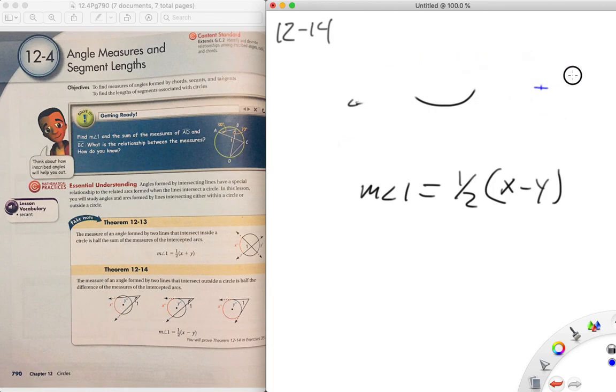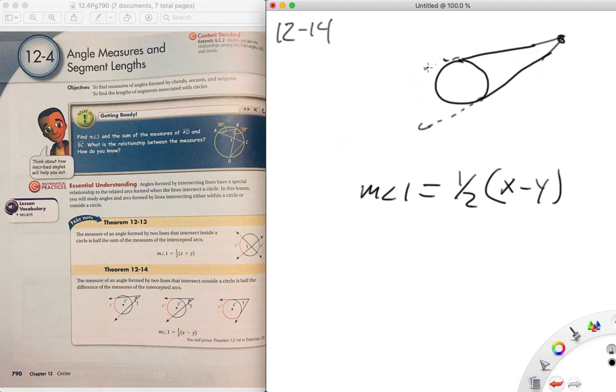And in case number 3, you have two tangent lines. We have an X over here, and we have a Y over here.